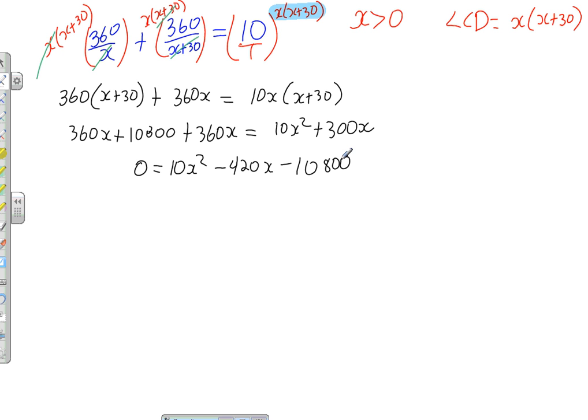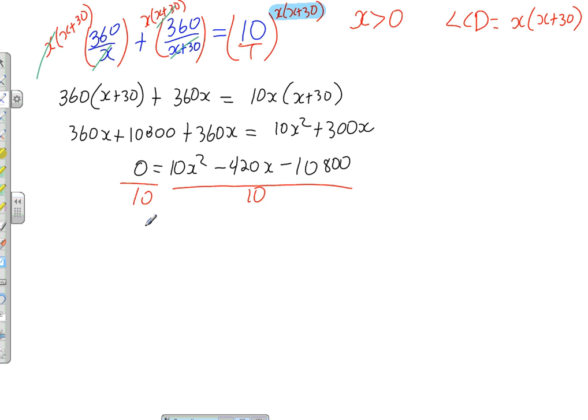Hey, I can factor out a 10 out of all those, so let's do that right now. Divide everything by 10. We're only able to get rid of this 10 when it's equal to 0. Otherwise, factor it out and keep it in front if it was equal to something else.